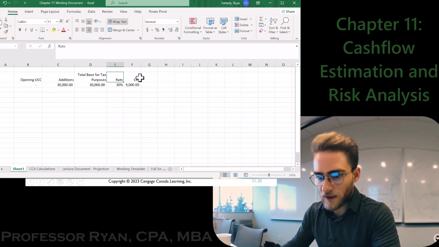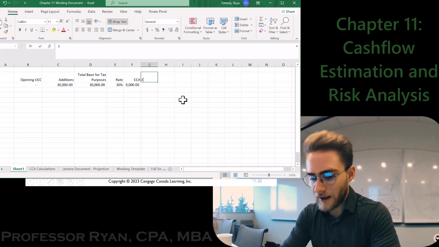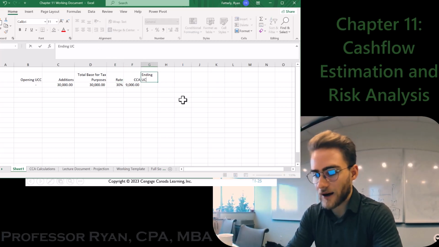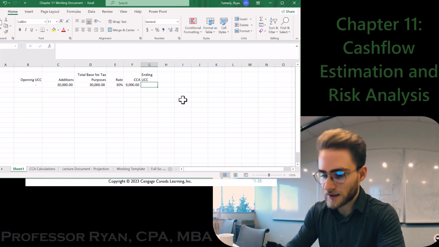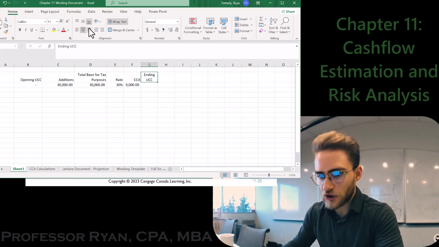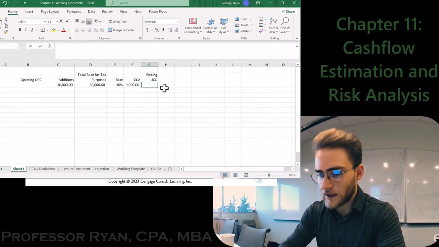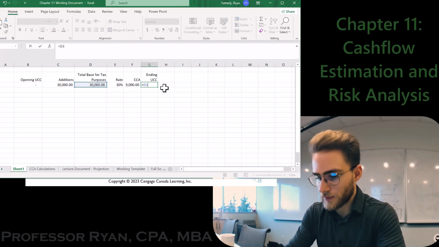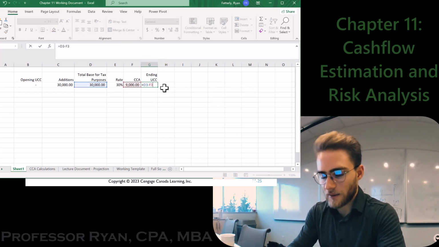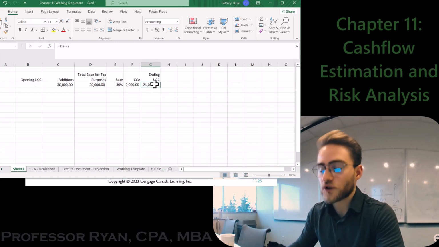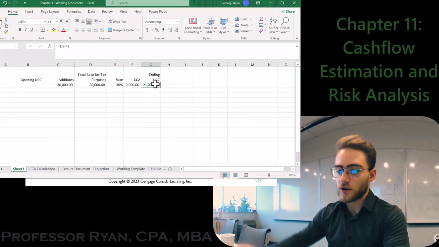And I'll fix my formula. And then at the end of the year, our ending UCC, our ending undepreciated capital cost, would very simply be the total base minus the CCA that we deducted. So I'd have $21,000 left to deduct over future years.